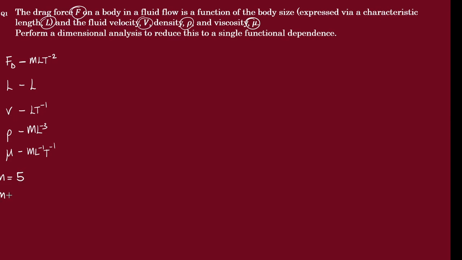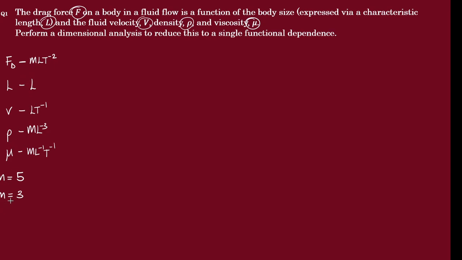Same goes for m. We need to know the number of independent dimensions we have here. Here we have M, L is here, L is to the negative 3, L is to minus 1, and T appears across different forms. We don't have any repeating combination of these, apart from independently having M, L, and T raised to different powers.